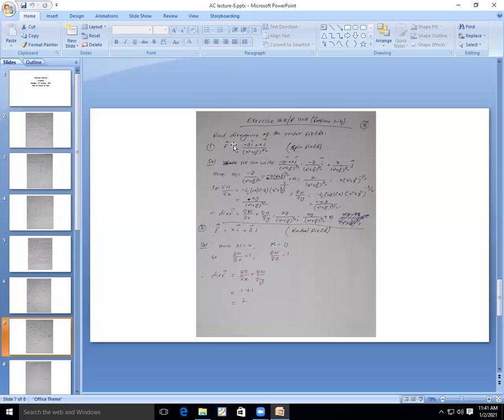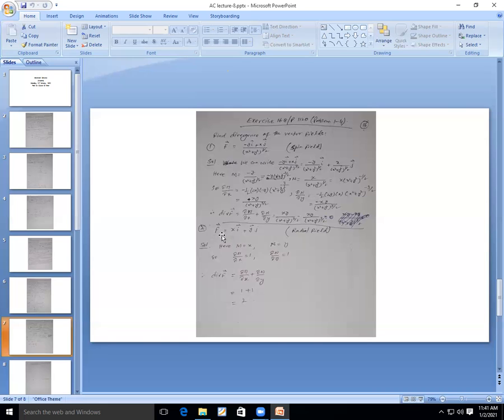In this second example, your vector field is x i vector plus y j vector. There is some problem here in the writing.